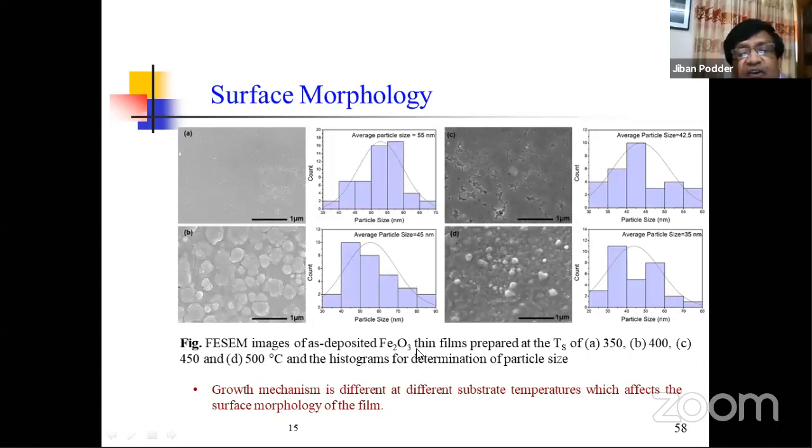Here you see the iron oxide, ferric oxide, with the substrate temperature starting from 350 to 400, 450 and 500 degrees Celsius, and this is the distribution of the particle size. Mainly the growth mechanism is different at different substrate temperatures, which affects the surface morphology of the material.